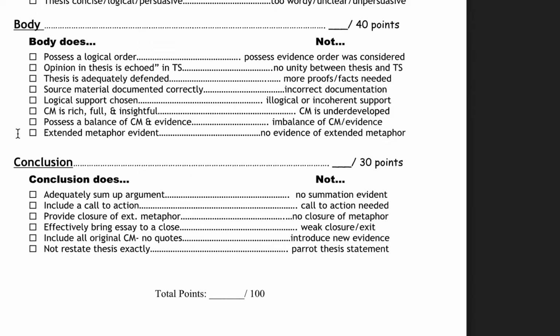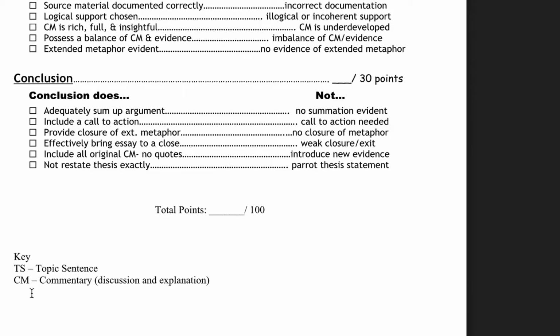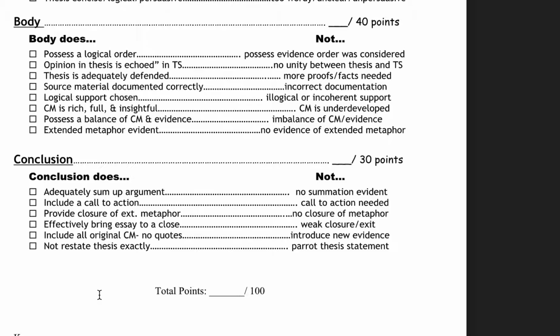You have to have solid and ample commentary. If you drop down here to the key, you'll notice that CM represents commentary, and commentary just simply means the discussion and explanation of your textual evidence.